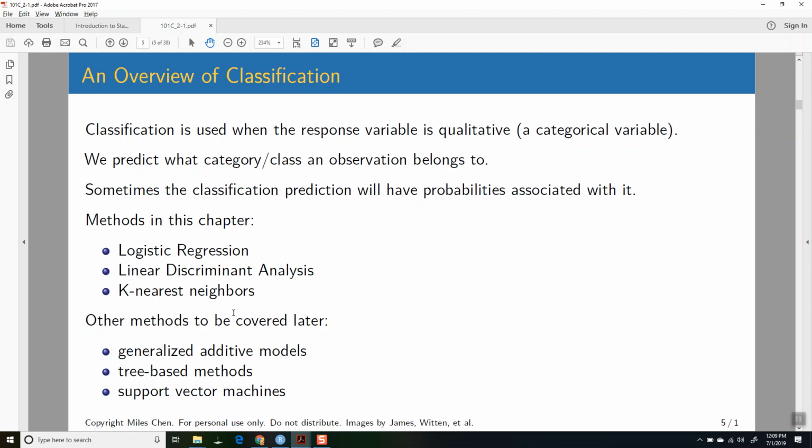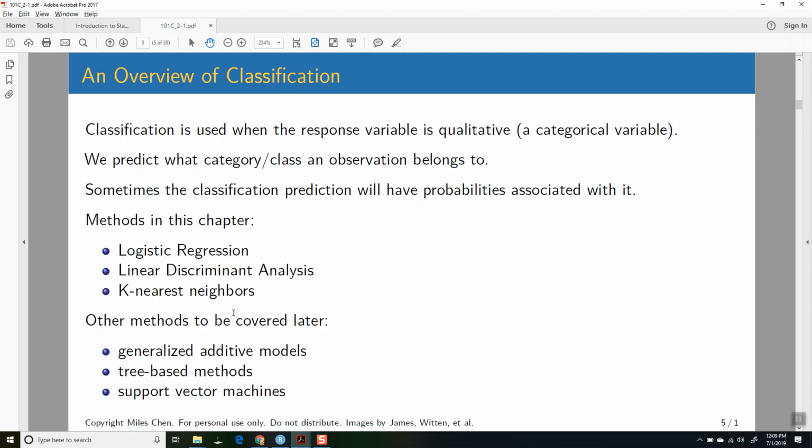In this chapter, we'll look at logistic regression and linear discriminant analysis, which is really just another way of doing a simple Bayes classifier, and then k-nearest neighbors. If you took my 102B class, we've talked about the Bayes classifier, which is very similar to linear discriminant analysis.